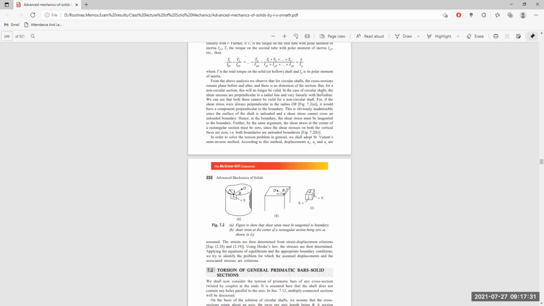But we are making all these assumptions by taking into consideration a circular shaft, a circular pipe-shaped item or a cylinder itself. If it is any other non-circular section, this theory cannot be valid.